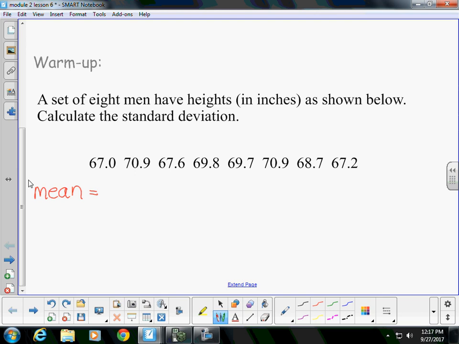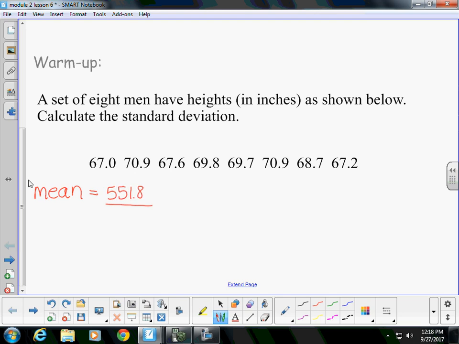So I'm adding them all up. Don't forget your decimals. And my total comes out to 551.8.